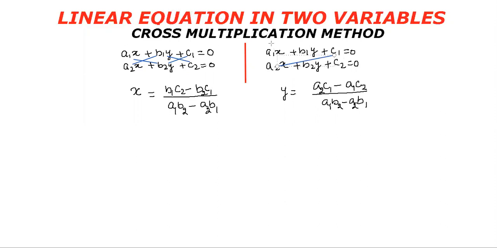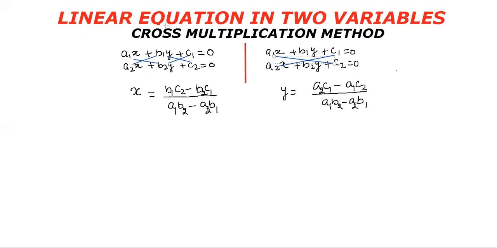So when you are multiplying a1 with c2, it will be a1 c2. So again a formation of cross. That's why this formula is known as cross multiplication. Denominator of both the formulas is just the same.